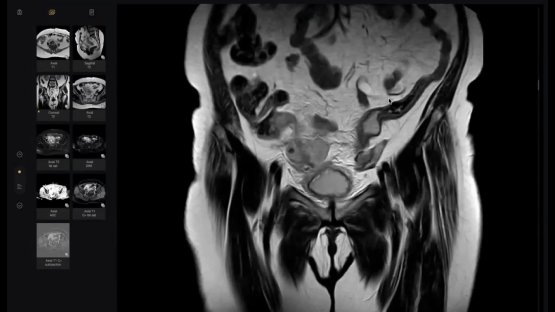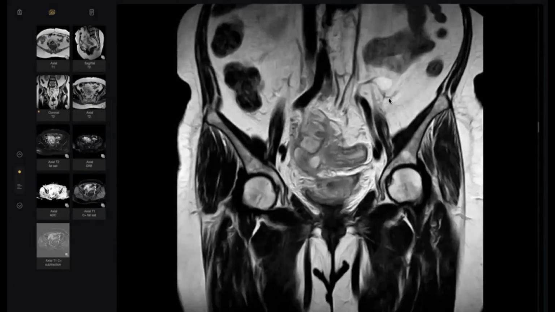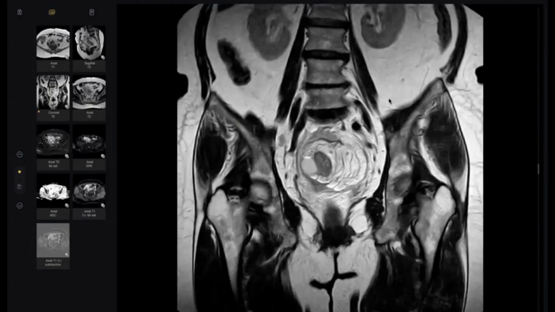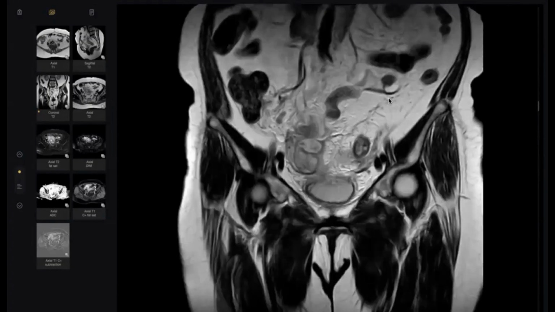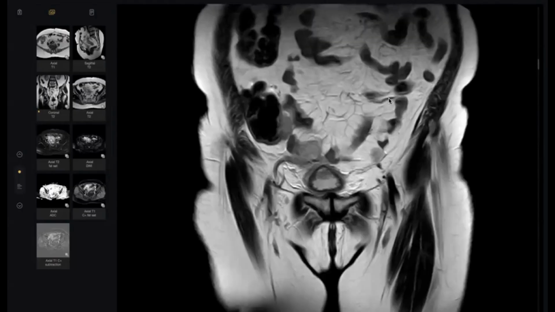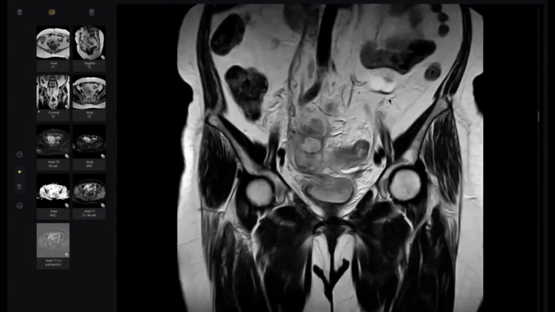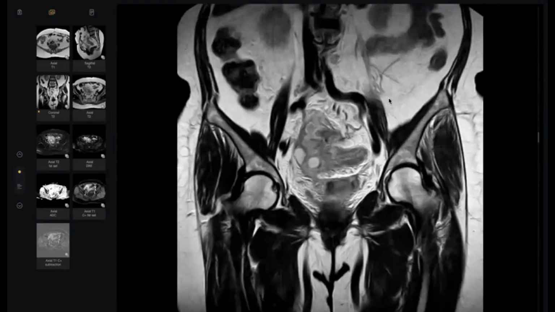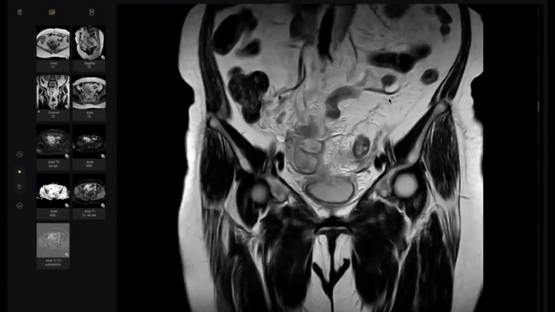You're asking about the colon? No, I'm asking about the whole image. What happened here? I will scroll. So there's also an abnormal signal intensity area within the right hemipelvis. Excellent. What is this? Is this a mass or a collection?